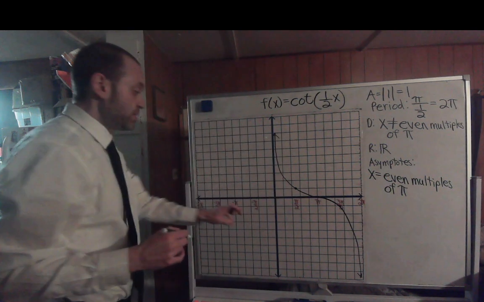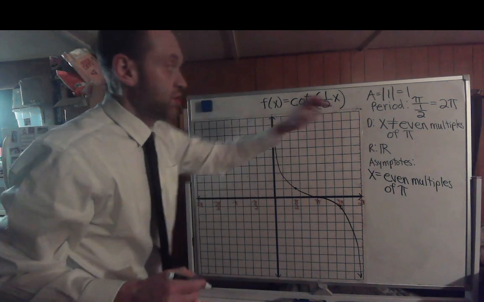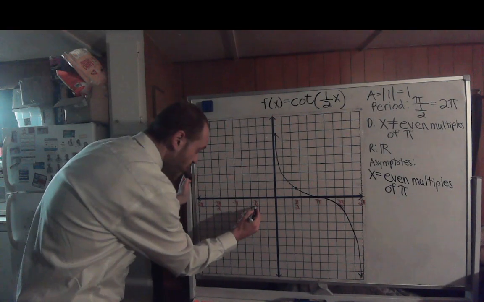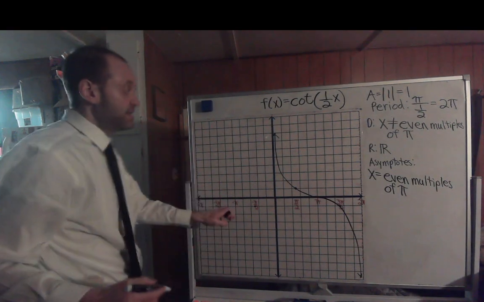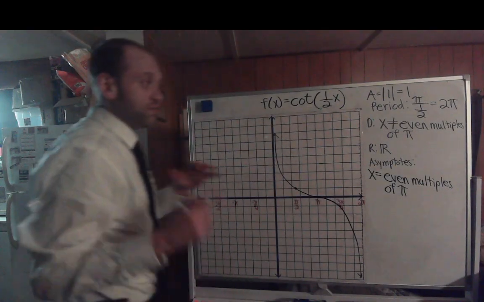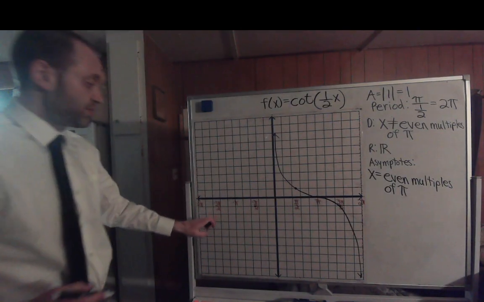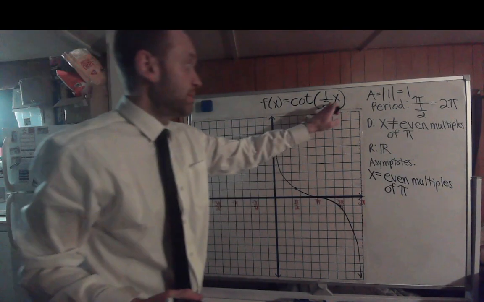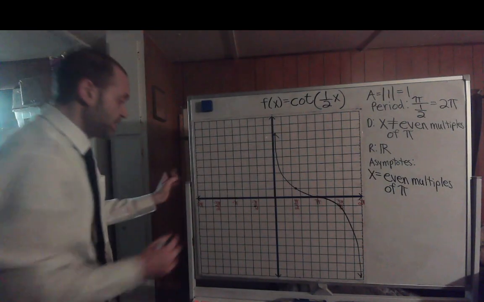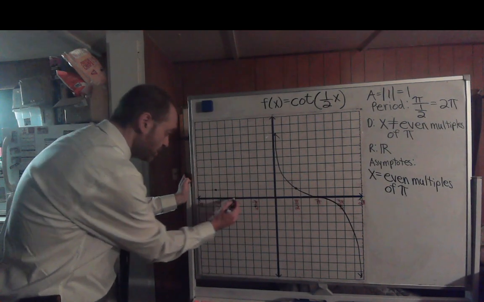And then if I put in negative pi over 2, I'll get the cotangent of negative pi over 4, which is negative 1. If I put in negative pi, I would get the cotangent of negative pi over 2, which is 0. If I put in negative 3 pi over 2, I would get the cotangent of negative 3 pi over 4, which is positive 1.